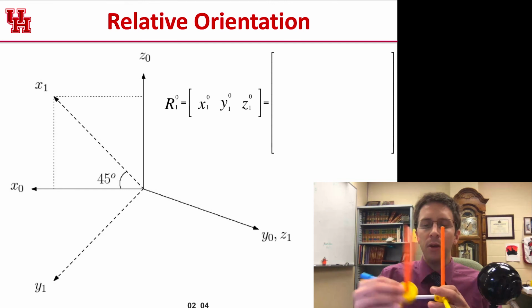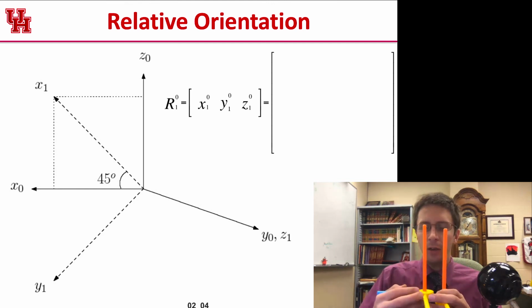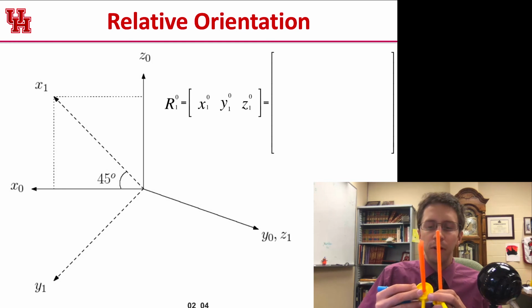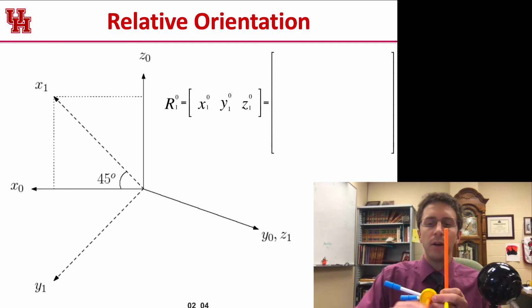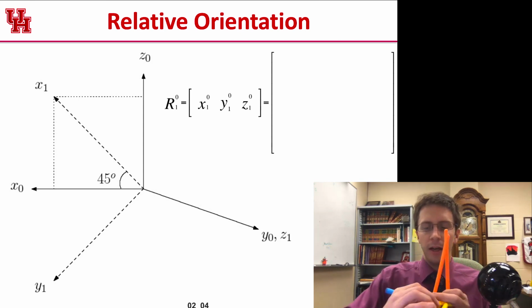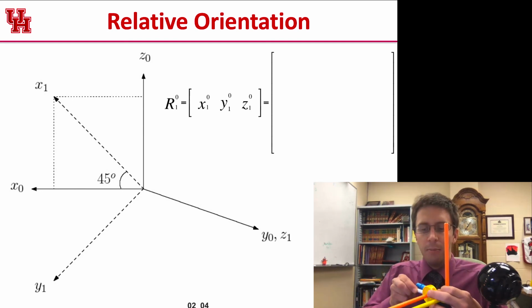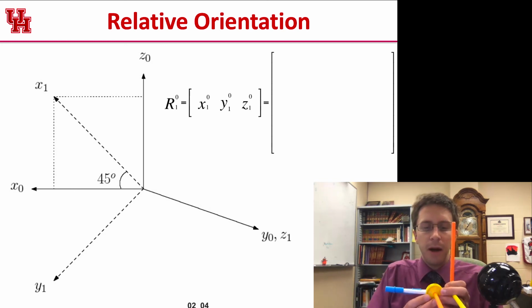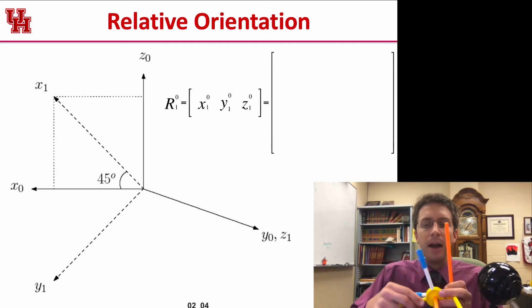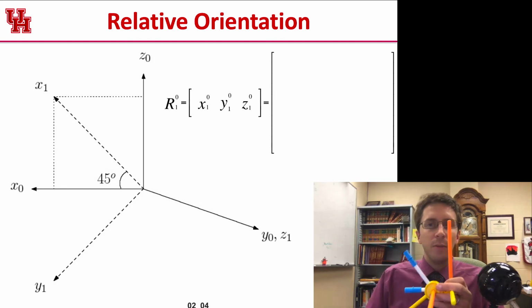And so one way that you can accomplish that is you can rotate around x0 by negative pi over 2, and then rotate around your current z by negative pi over 4. So just to see that again, we're rotating around our x by negative pi over 2, and then we're going to rotate about our current z by negative pi over 4, and we get that.